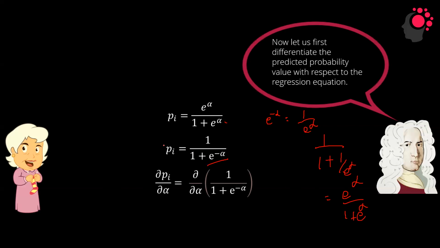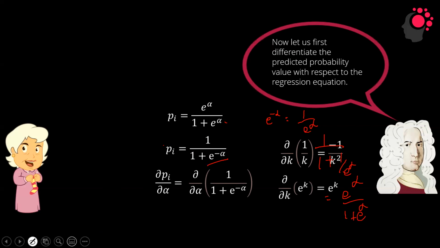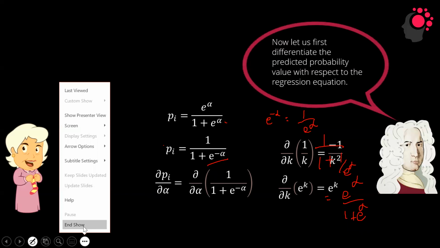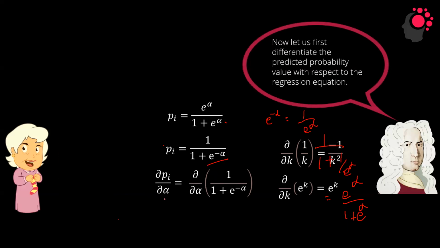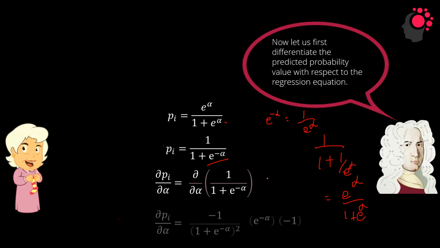And then I'm going to apply dou alpha here. One thing that you need to remember is this formula: dou by dou k of 1 by k is equal to minus 1 by k squared, and dou by dou k of e power k equals e power k. Those are the classic differentiation concepts. Because 1 by k differentiates to minus 1 by k squared, we get minus 1 by (1 plus e power minus alpha) whole squared. Then I differentiate e power minus alpha.